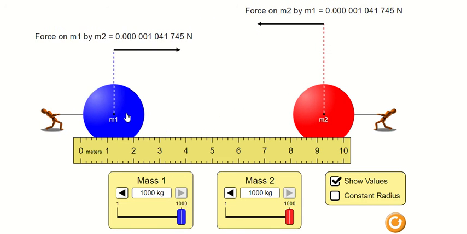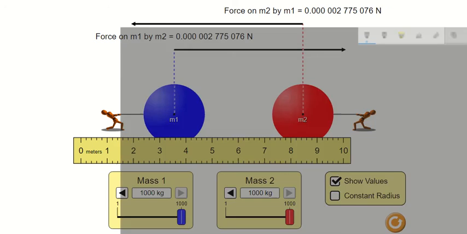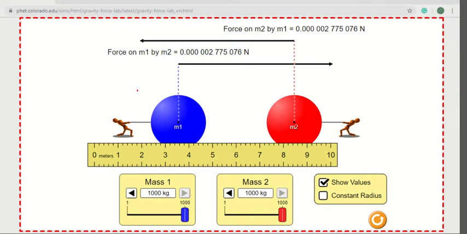So Newton wrote this universal law of gravitation in the form of an equation, which we'll do here. In order to understand this phenomenon quantitatively, Newton proposed a formula. If I have mass 1 and mass 2, we saw that the force between these two masses is always attractive. You can see here that it pulls back.